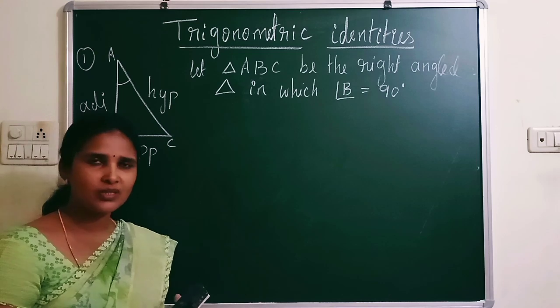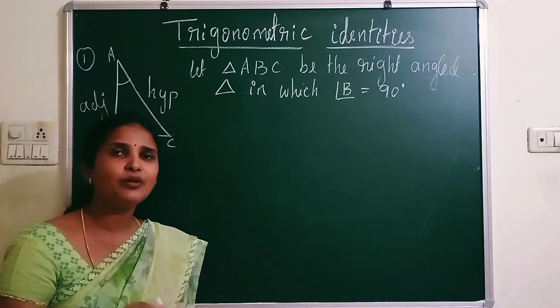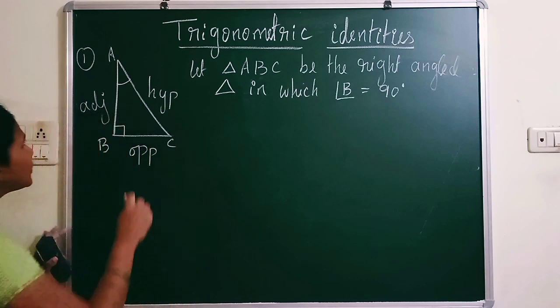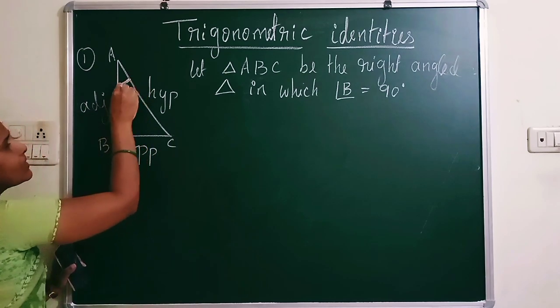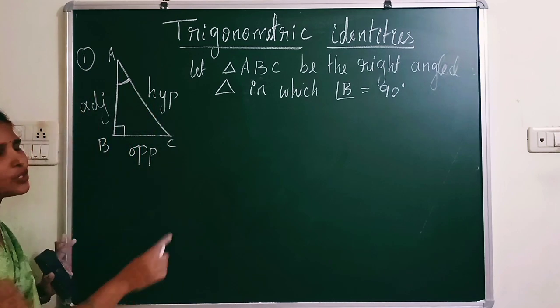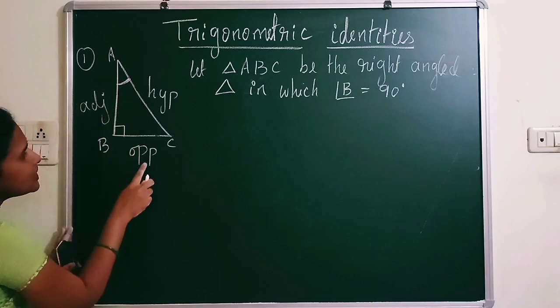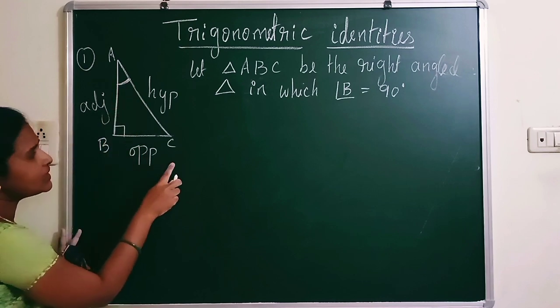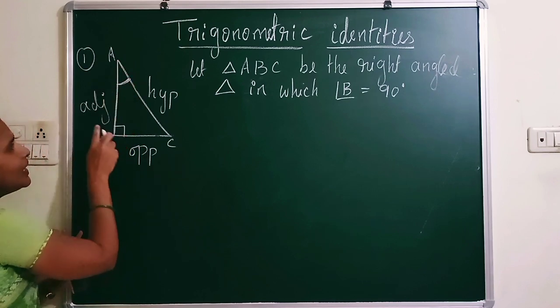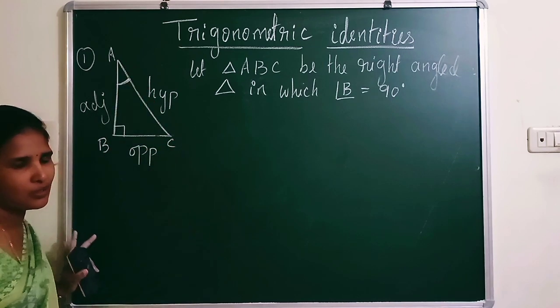The other two sides we decide according to which angle you have taken as the acute angle. Even C is an acute angle, but I am writing trigonometric ratios with respect to A. That's why the side opposite angle A is BC. So consider BC as opposite and AB as adjacent, and as usual AC is the hypotenuse.